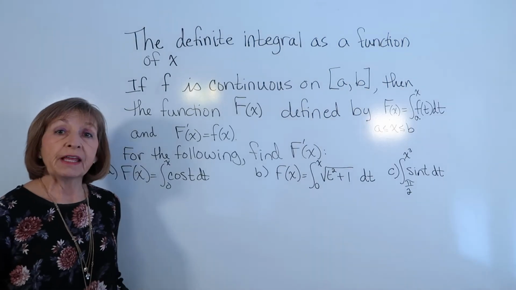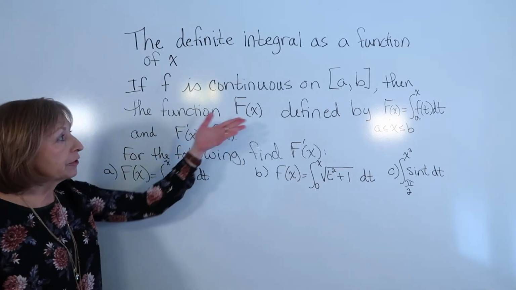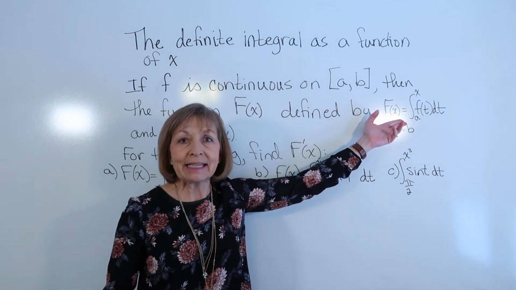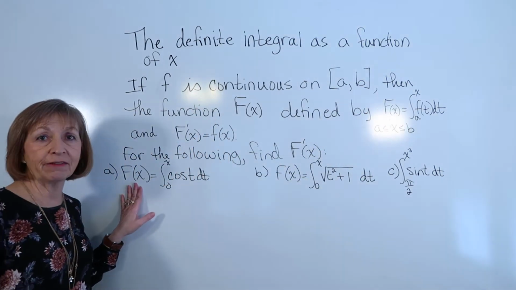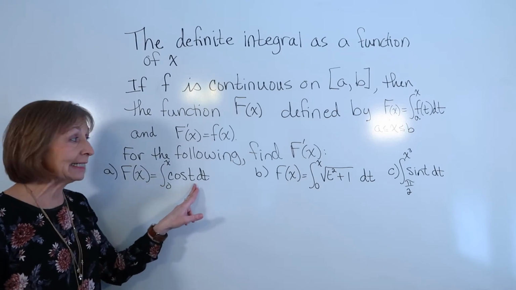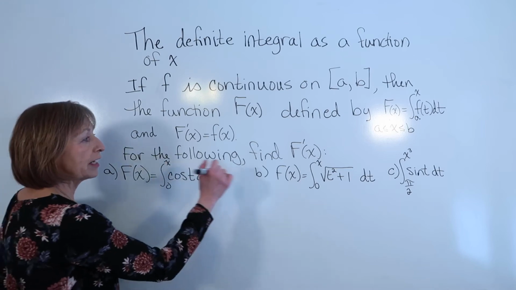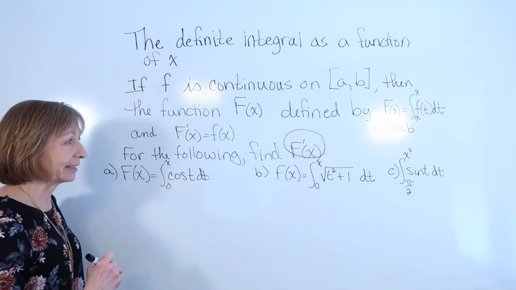So let's look at what if they ask us to find the derivative of our function that is defined in this manner. So first of all, I have my capital F of x is defined to be the integral from 0 to x of cosine t dt, and the directions say find F prime of x.